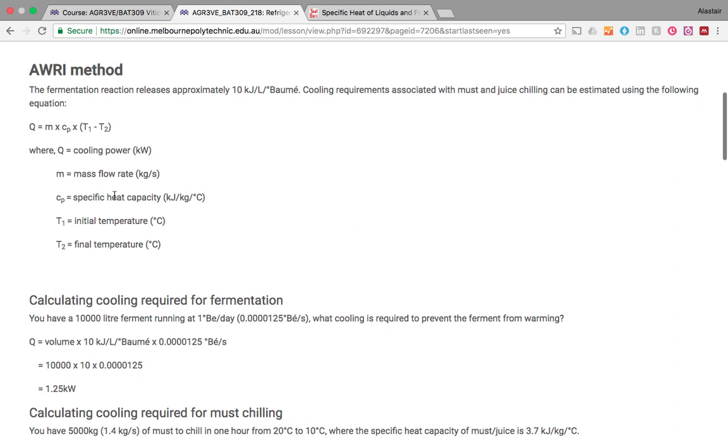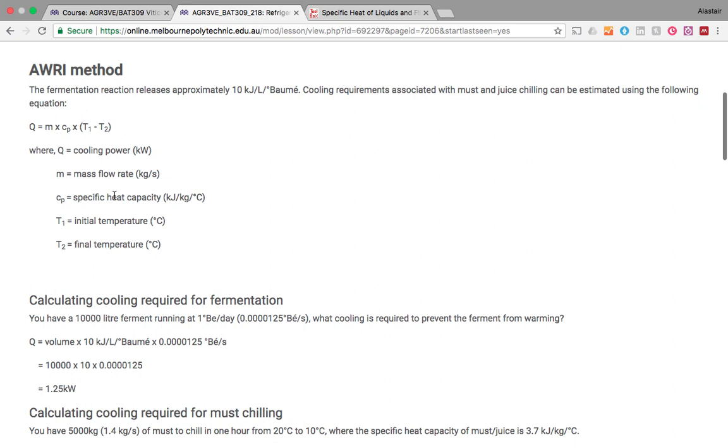What cooling is required to prevent the ferment from warming? So here we use the formula Q equals the mass, in this case we put in the volume, times the specific heat capacity of the substance. The actual heat or the energy given off from this ferment is 10 kilojoules per litre per Baumé.